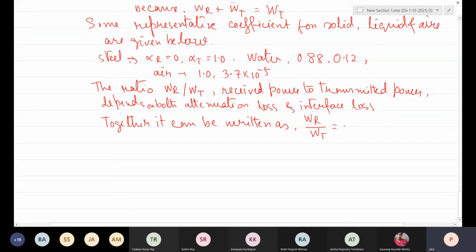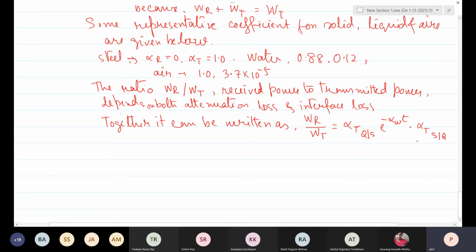WR by WT is equal to alpha T, say 1 to 2 boundary, suppose it is quartz to steel, as it is given, quartz to steel, exponential of minus alpha W into the thickness T, multiplied by alpha T, steel to quartz. So during incidence, say from quartz to steel, there would be some boundary loss.